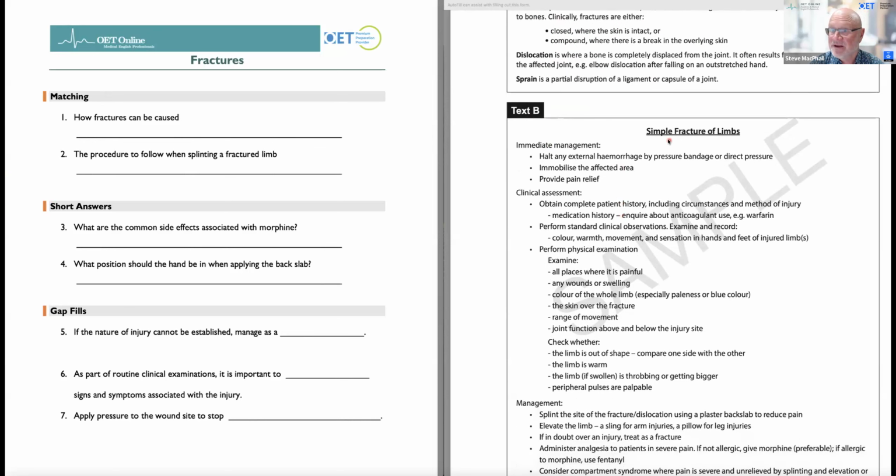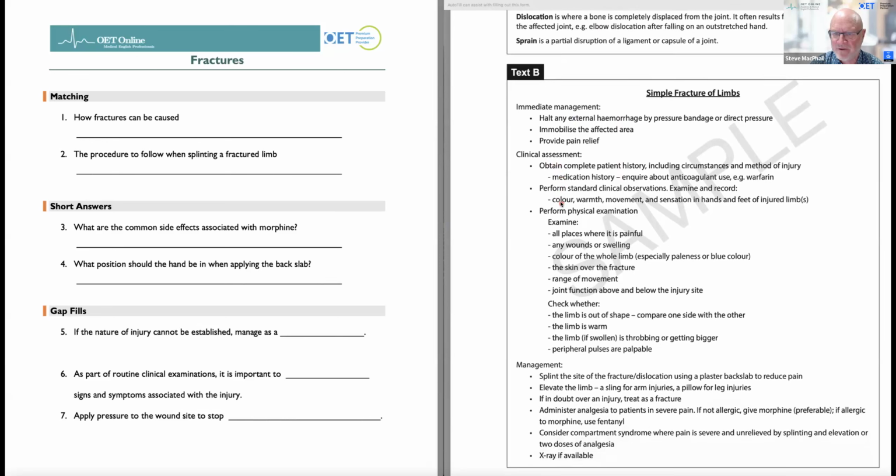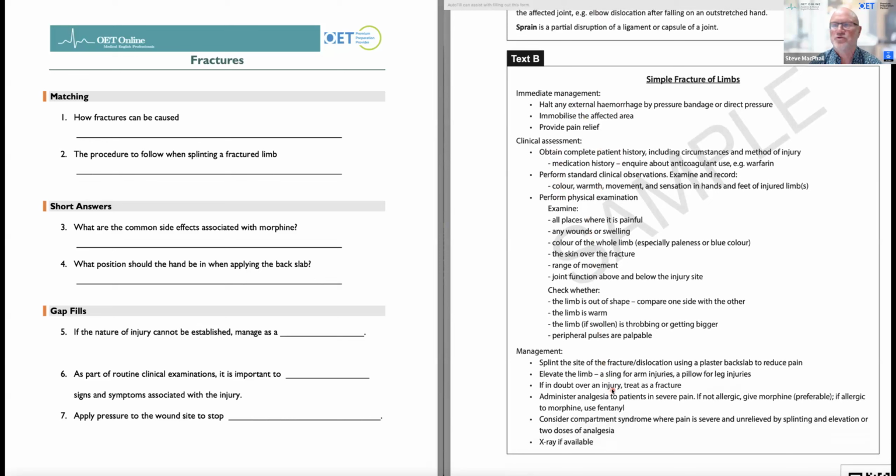Then text B, simple fractures of limbs. Now, I'm going to look at my headings here, everyone. This is a lot of information to read. You should not read all of this. So if you're doing something like this, look at the headings: immediate management, hold any hemorrhage, and I'd just be looking at keywords, half the sentence: immobilize, only provide pain relief.